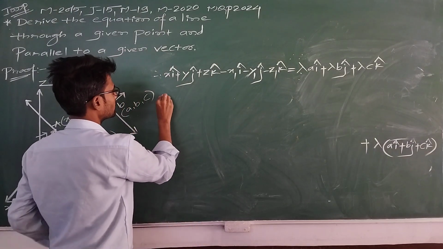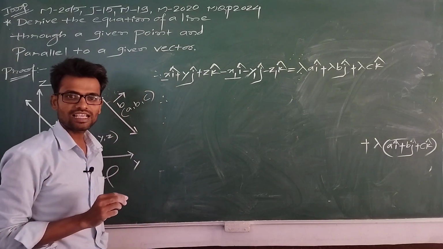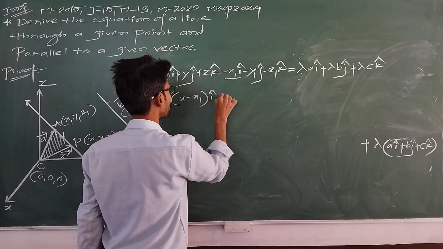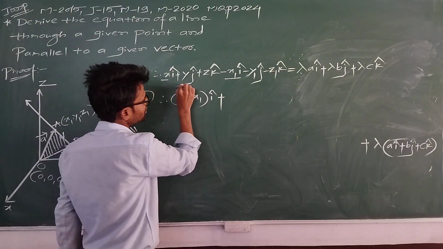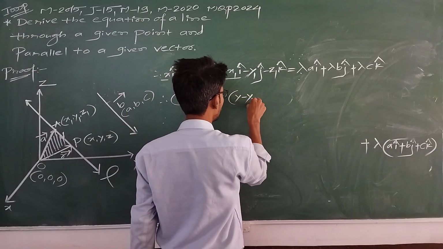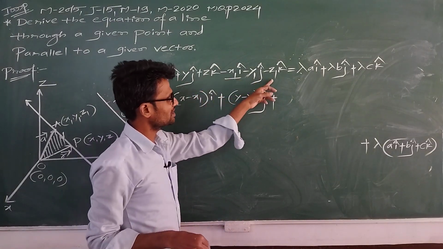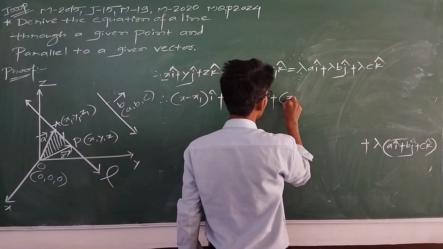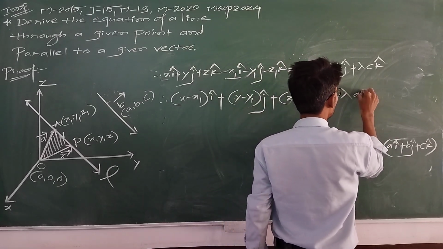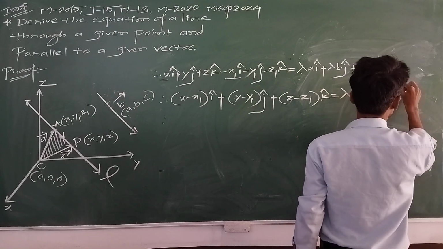Now in xi cap minus x1 i cap, i cap is common, so inside the bracket you get x minus x1 i cap, plus y minus y1 j cap, plus z minus z1 k cap, is equal to lambda ai cap plus lambda bj cap plus lambda ck cap.